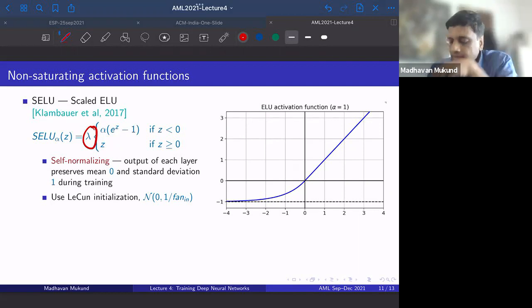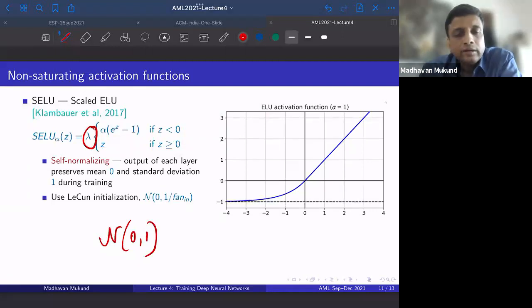But it turns out that this scaled ELU actually self-normalizes, so it keeps the output of every layer in this kind of range. Theoretically this is useful, because it keeps the variance from blowing up throughout the training period. But again, it's expensive to use because of this exponential.